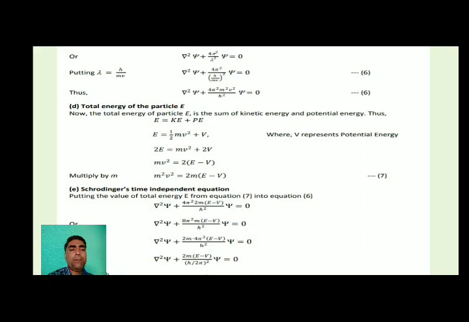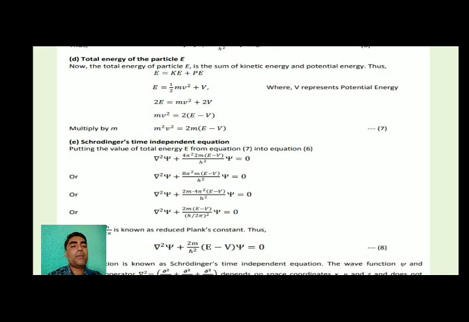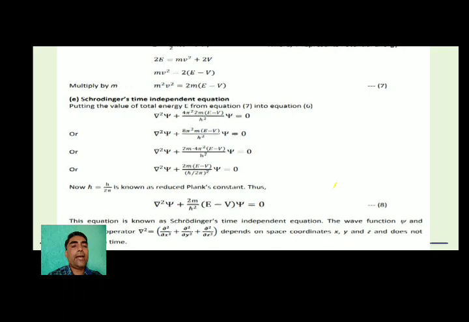So if we rearrange the same equation, ∇²ψ + 2m(E − V) divided by h²/4π², which means (h/2π)², times ψ = 0.